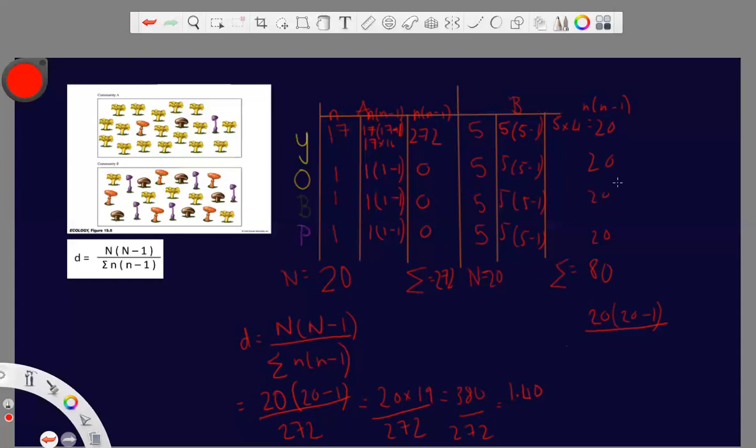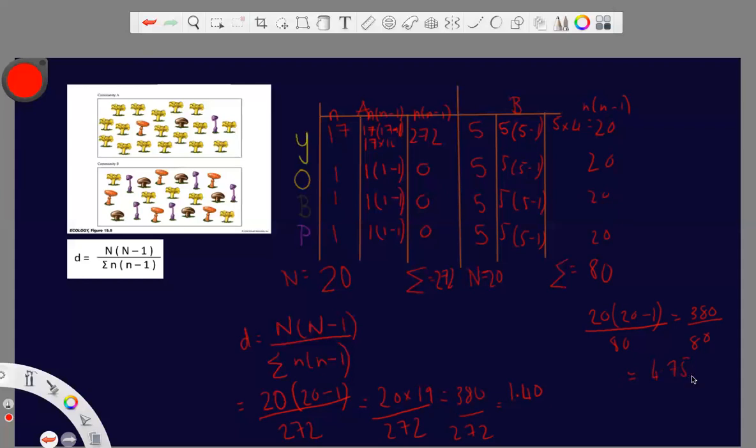Well, we've done that, so that's divided by 80 in this case. We end up with 380, because we worked it out over here, divided by 80, and we end up with a number of 4.75.